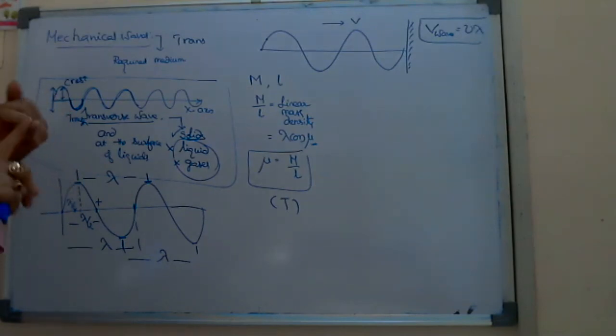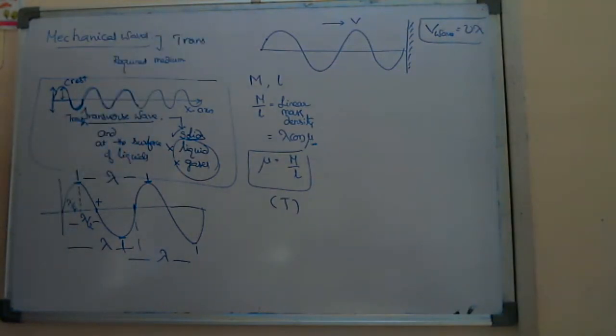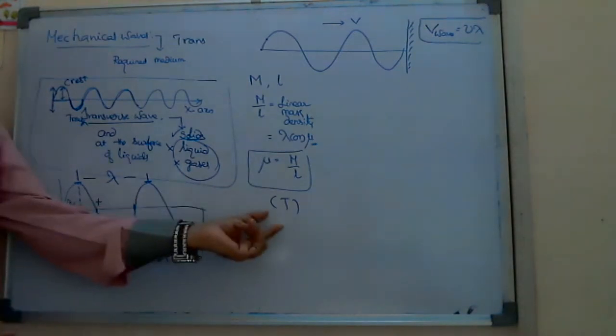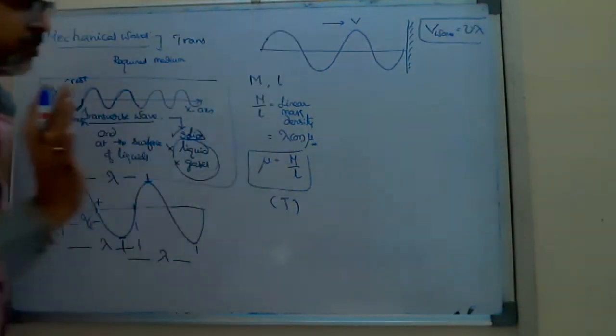Whether it is transverse or longitudinal in mechanical waves, you can apply that equation. But I am asking what will be the velocity of the transverse wave, particularly interrelating with T and mu. That is correct, but I want V in terms of T and mu.